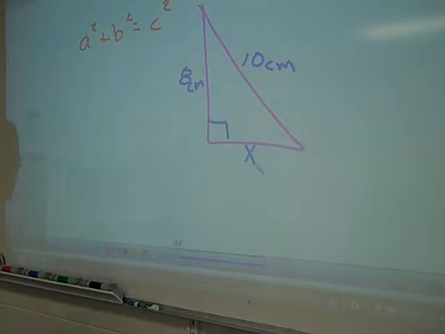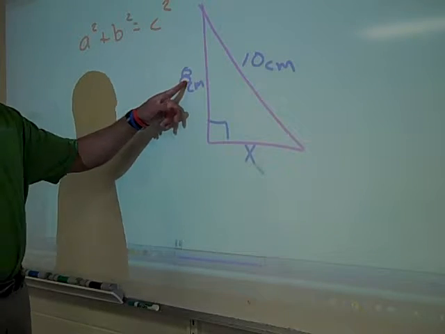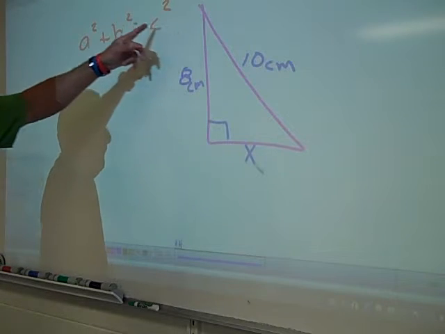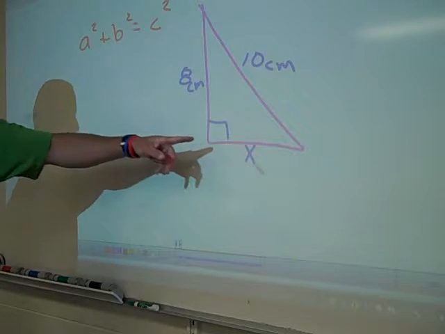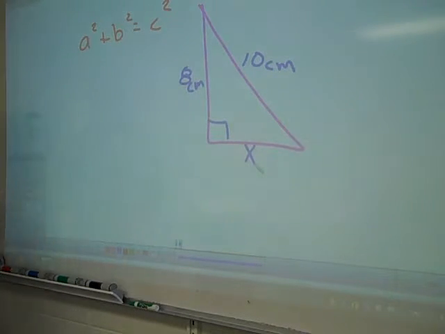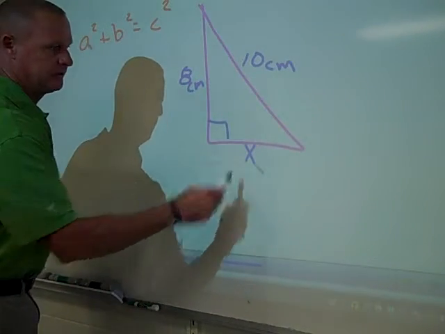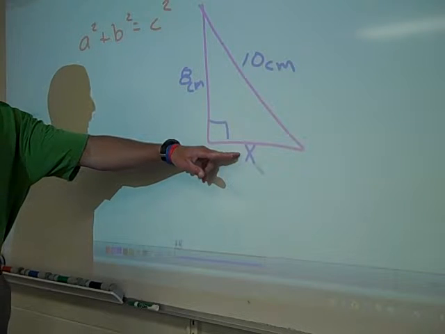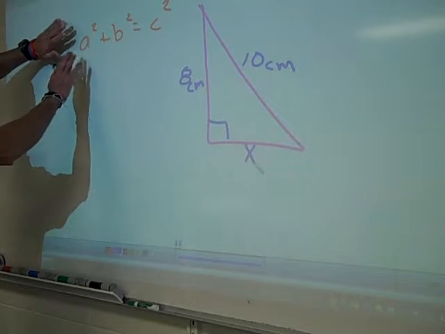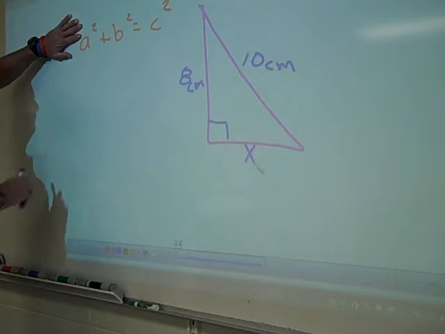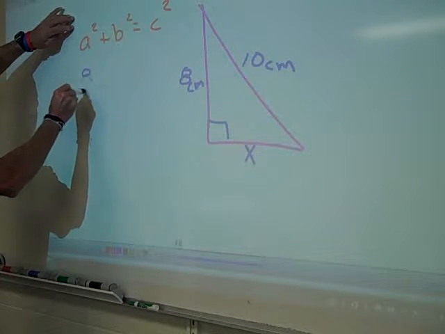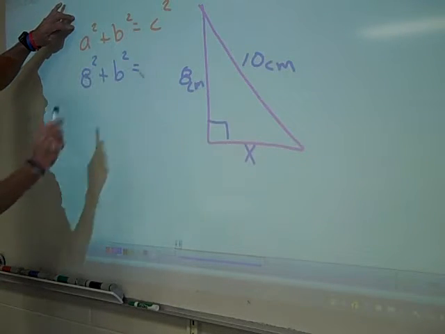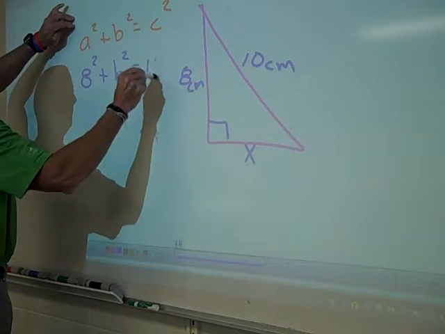You take the value of that, plug it in here, take the value of this, plug it in here, and then solve for, what side is X? A or B. So, in for A, what do you want to put there? 8. So we say 8 squared plus B squared equals 10 squared.